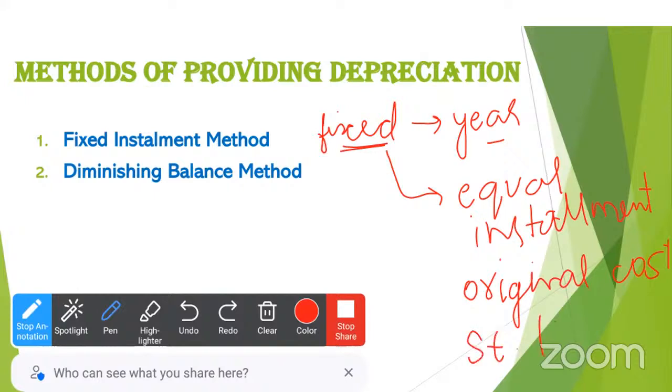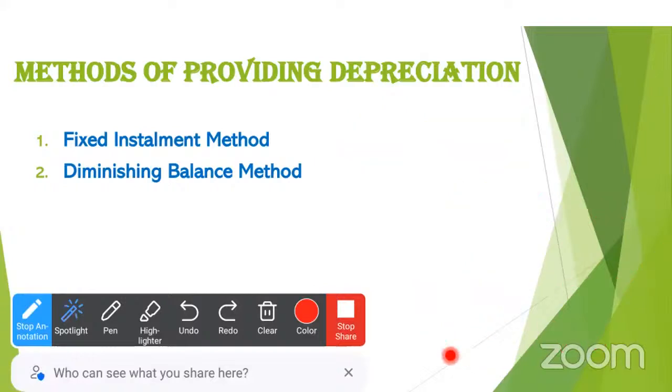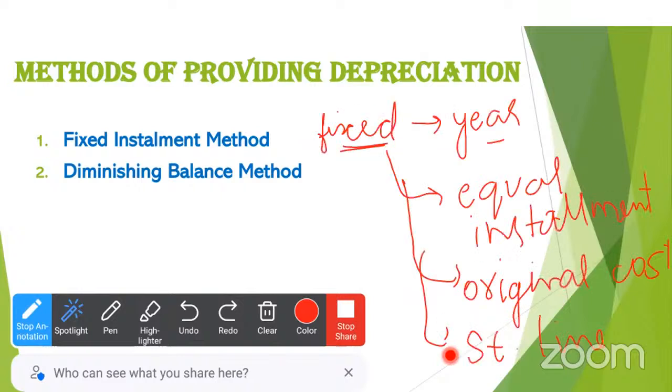These are the different names for fixed installment method. Next, the method is suitable for assets like freehold land and buildings, patents, trademarks, etc. This method is suitable for these assets.